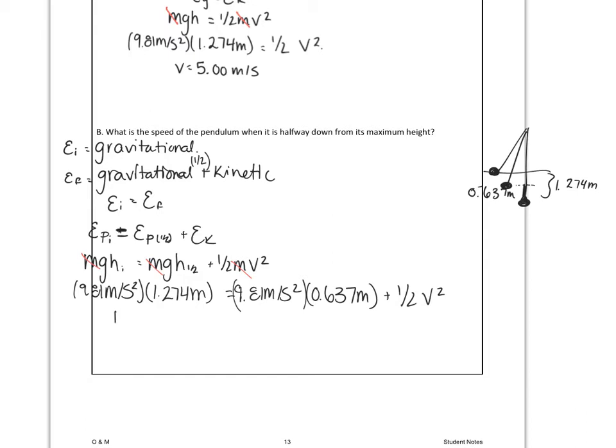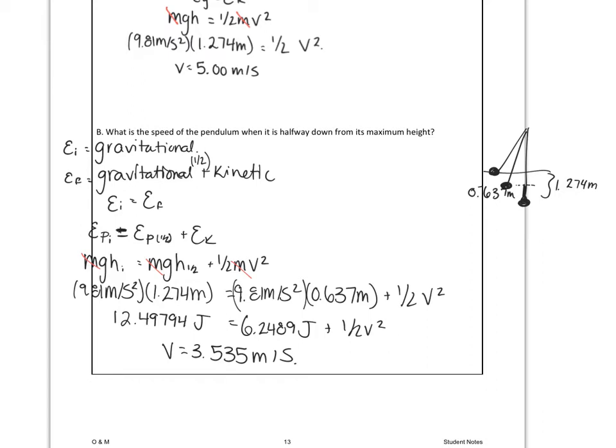In this case, I calculated out each side, so 12.49794 joules is equal to 6.2489 joules plus 1/2 v squared. Solving for v, I got 3.535 meters per second.